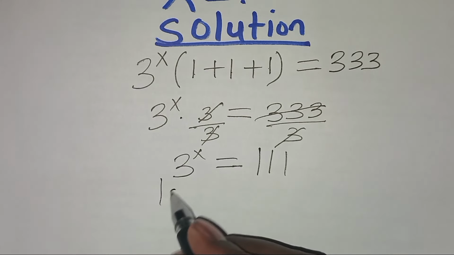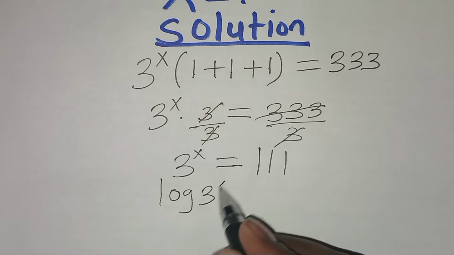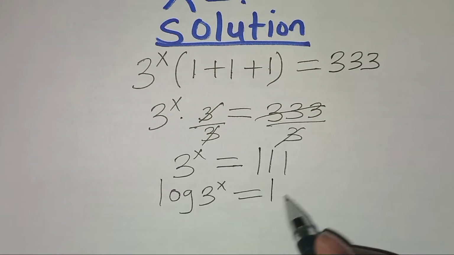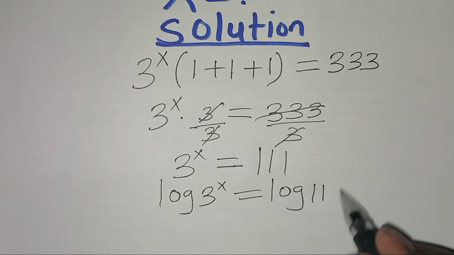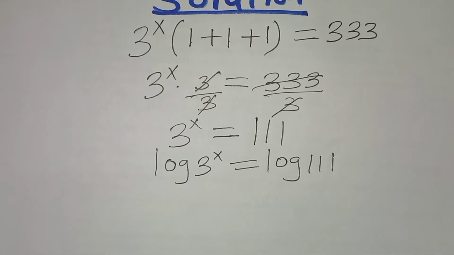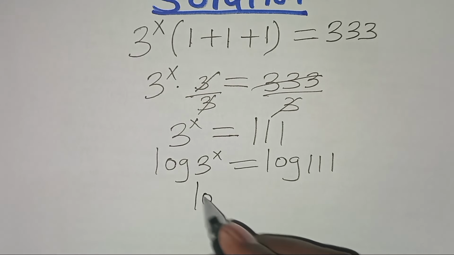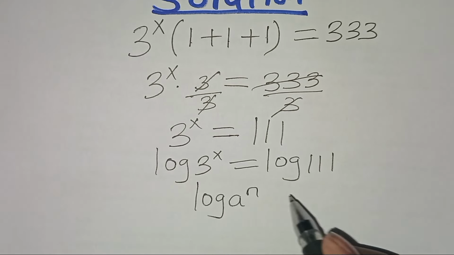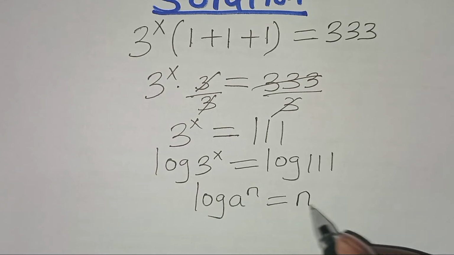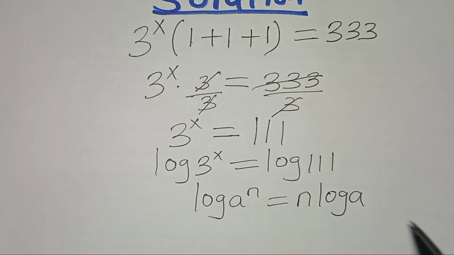Now, for the value of x, we introduce the natural logarithm on both sides, so that we'll have log 3 to power x equal to log 111. So log 3 to power x is in the form of log a to power n, which we can express as n log a.